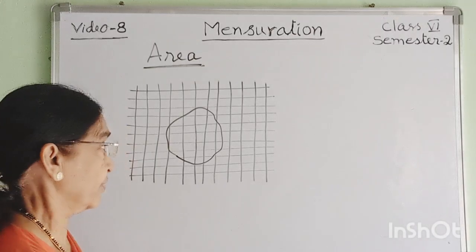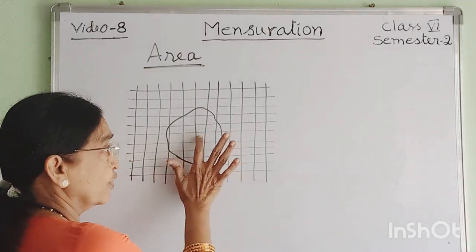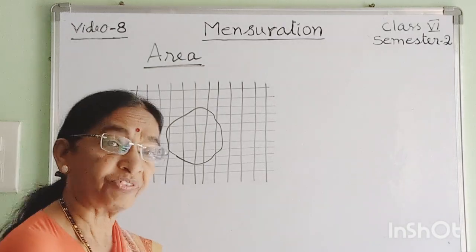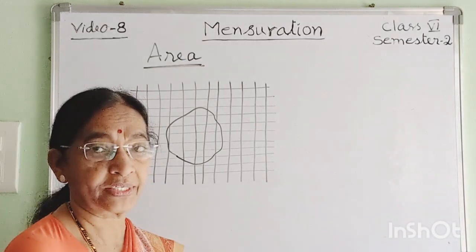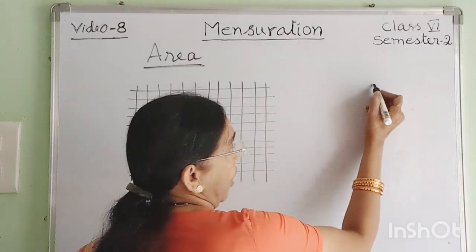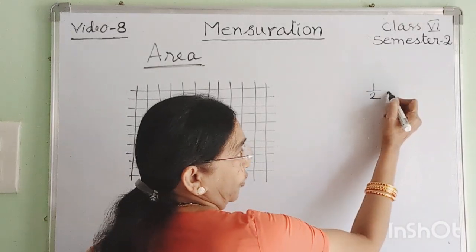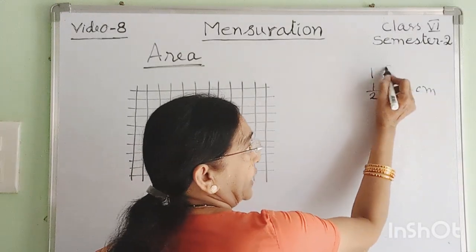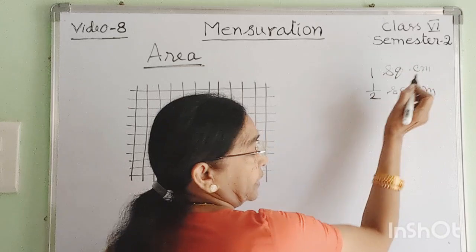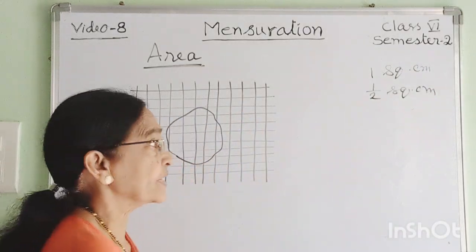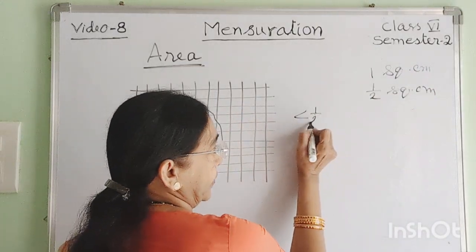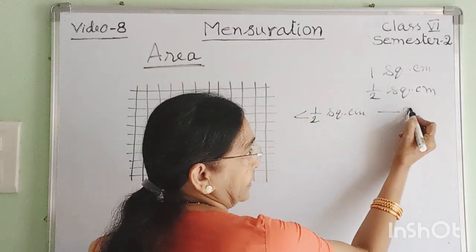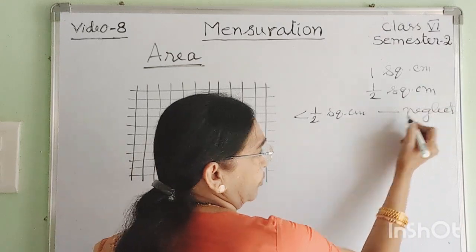So we will take some conventions. If the figure occupies a full square, we will take it as a full square centimeter. If it occupies exactly half a square centimeter, we will take it as half a square centimeter. If it occupies less than half a square centimeter, we will neglect it.